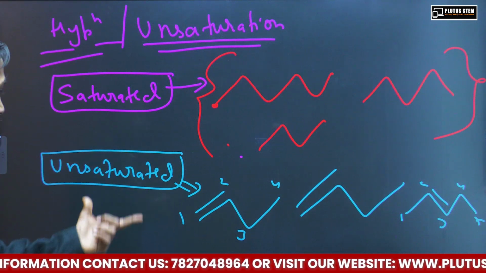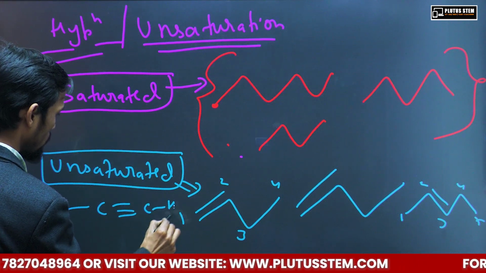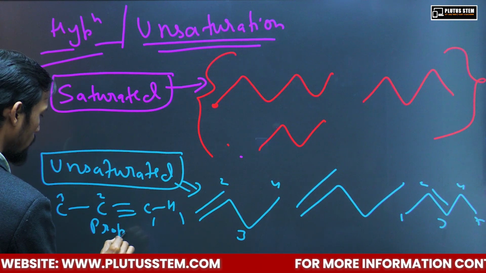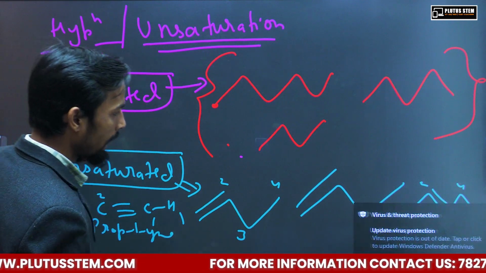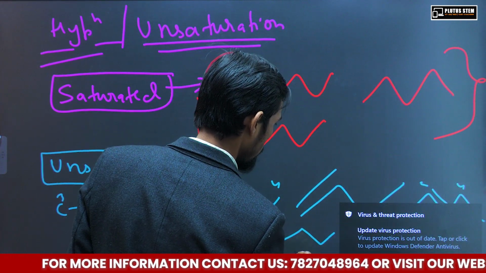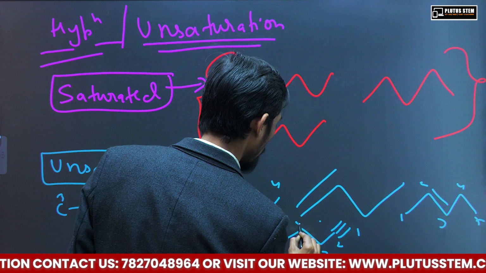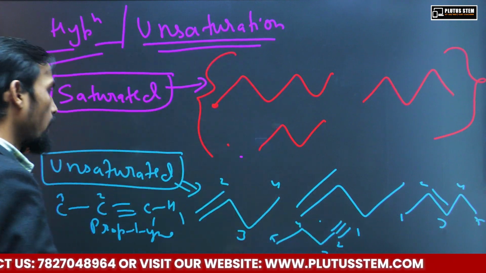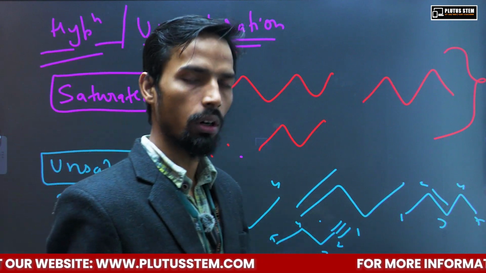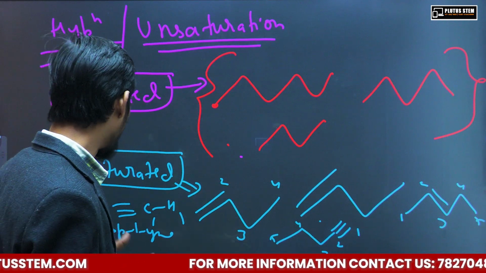So this way these are unsaturated compounds. And I have this, 1, 2, 3, prop-1-yne. And this one, 1, 2, 3, 4, 5, pent-1-yne. This is the way we name these compounds, and that also we are going to study in quite detail in the upcoming videos regarding the nomenclature of organic compounds.